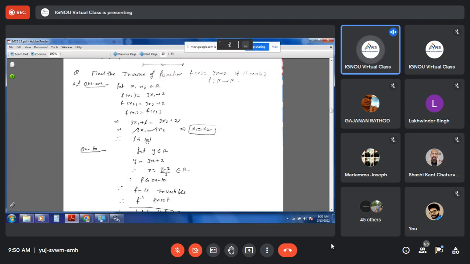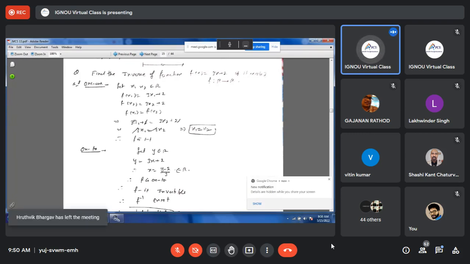What we discussed in the examples was a separate thing. To calculate in algebra, it is totally different. It is the simplest way to check 1-1. Again, I repeat, take any two members x1, x2. You can also take a, b. R is the set of real numbers. Now, f of x1: put x is equal to x1, 3x1 plus 2. F of x2: put x is equal to x2.